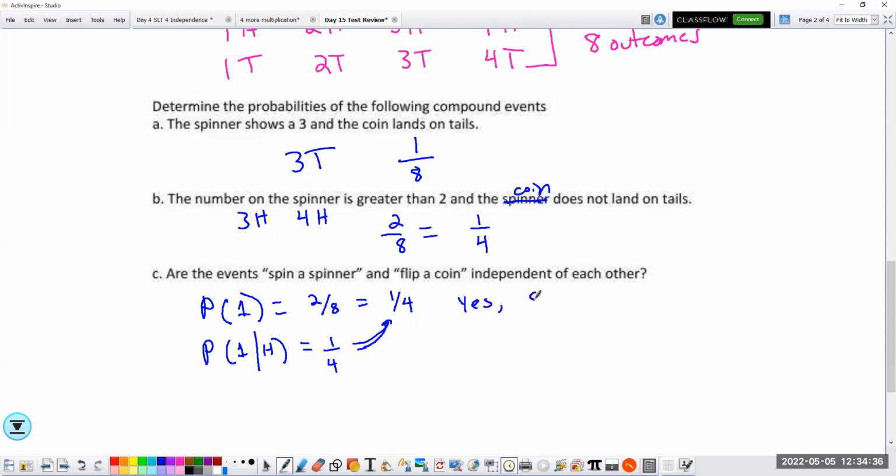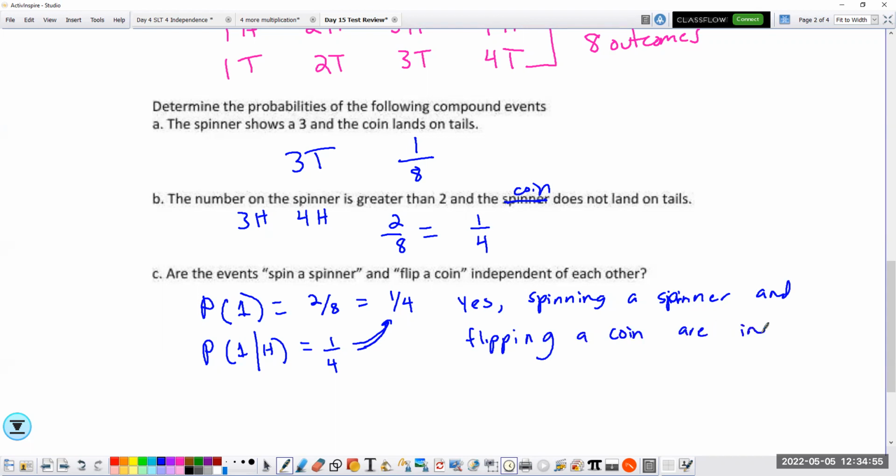Yes. Spinning a spinner and flipping a coin. Please make sure you state the 2 events.